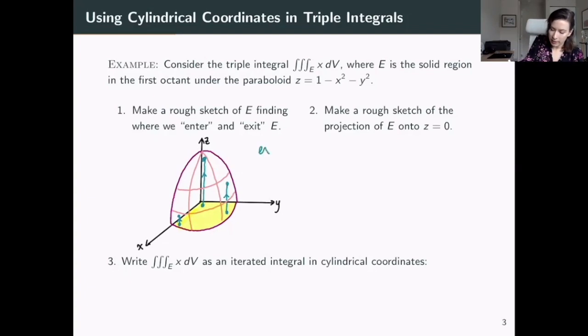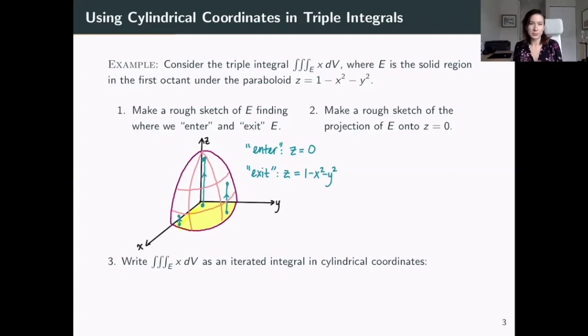So from this, we can see that every single time that we enter through this surface, it's always going to be when my z is equal to 0. And every time that I exit, it's always going to be happening through the paraboloid. So it's always going to happen when my z is equal to 1 minus x squared minus y squared.